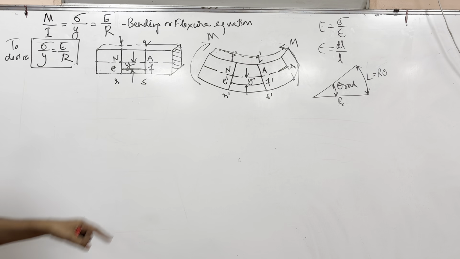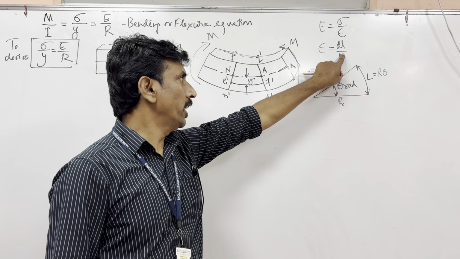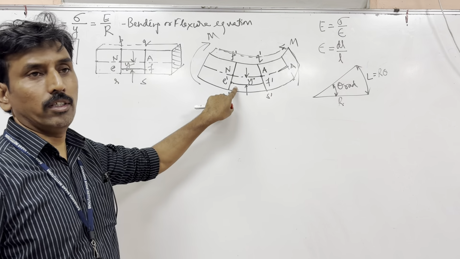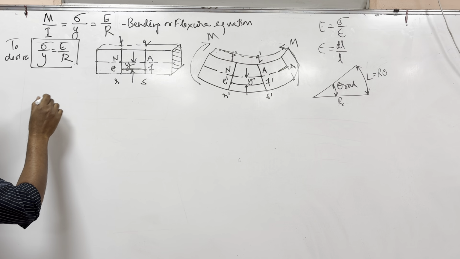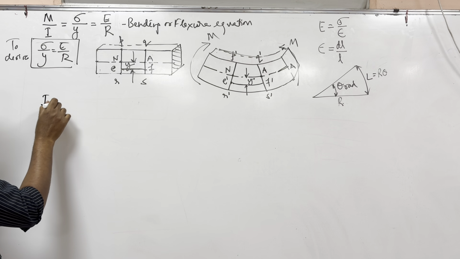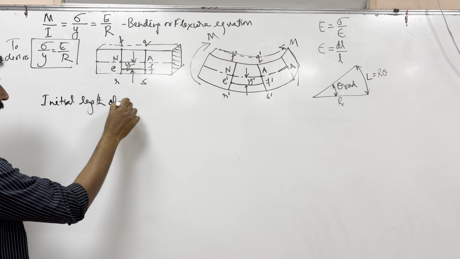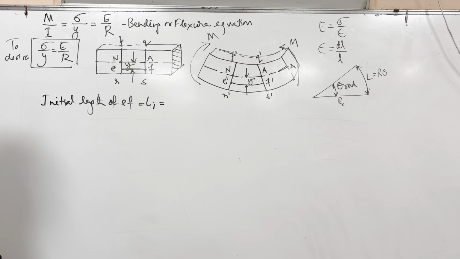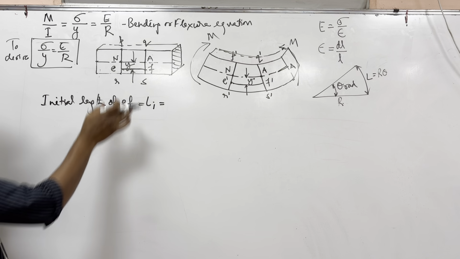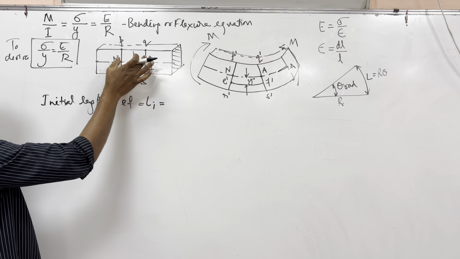Okay, now let us find out strain. We'll try to find out the strain in this element. So to find the strain in the element, let us find the initial length of EF. Initial length of this EF, let me call it as Li. Guys, is EF equal to NA?